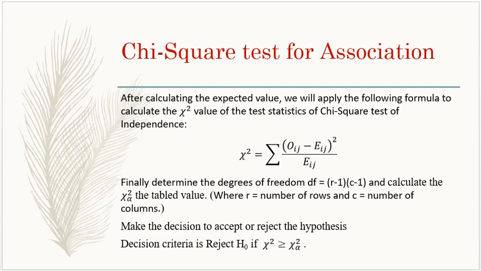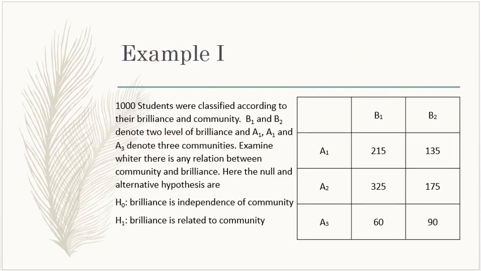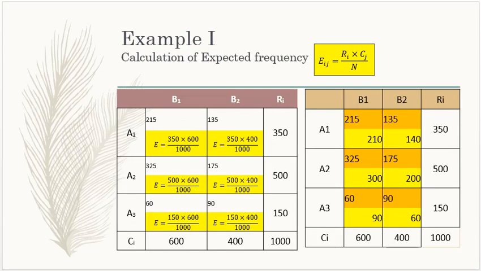Almost every time we want to check whether there is an association. In that case, the chi-squared calculated value should be greater than or equal to the chi-squared alpha value. So again, go back to the problem. This is the given problem. I already told you how to calculate the theoretical frequencies.